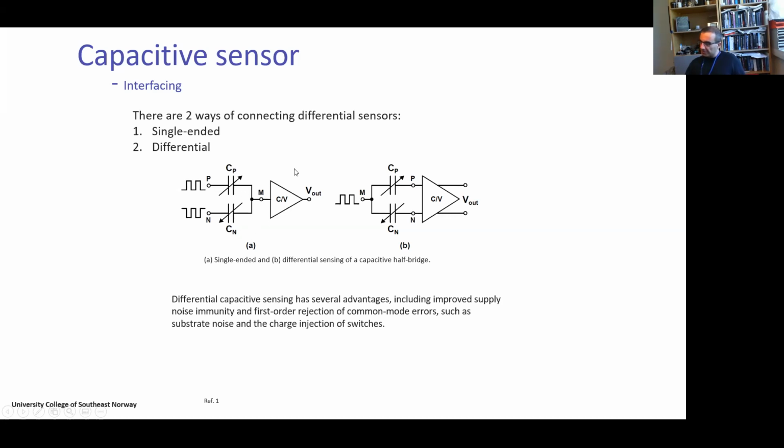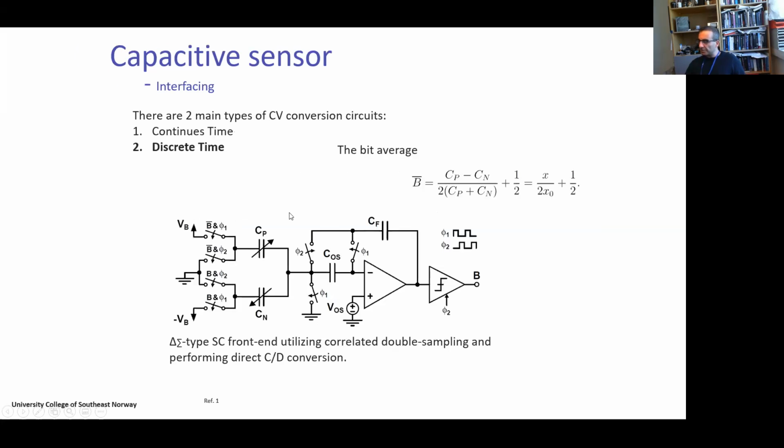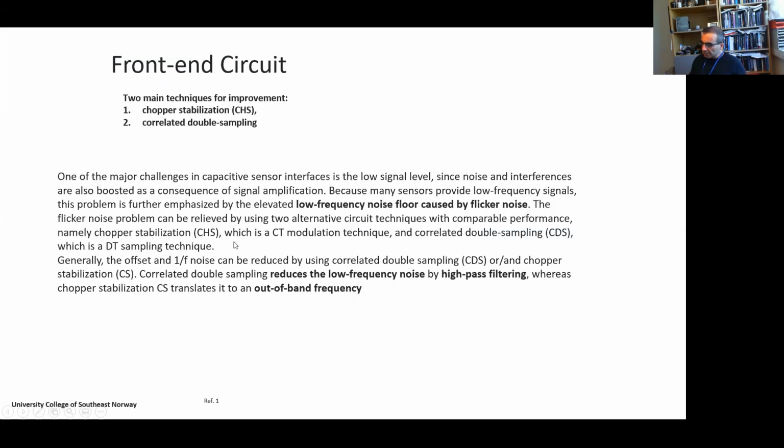The amplifier is not ideal, and then it has some unwanted bias. And we have also noise in the system. There are many ways of removing them, but some of the common ways are the chopper stabilization technique and the correlated double sampling.